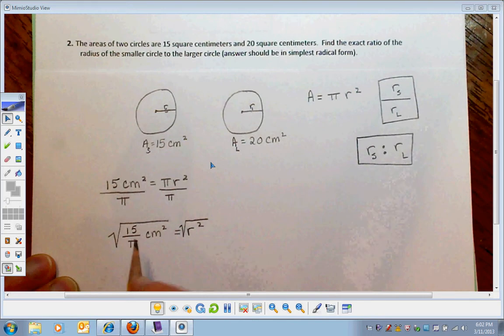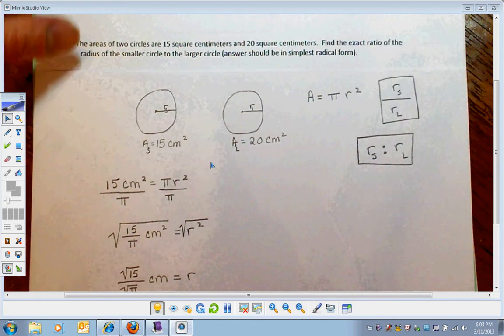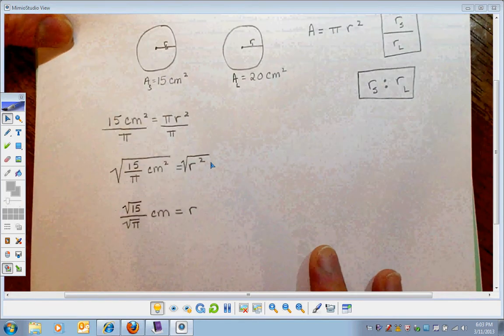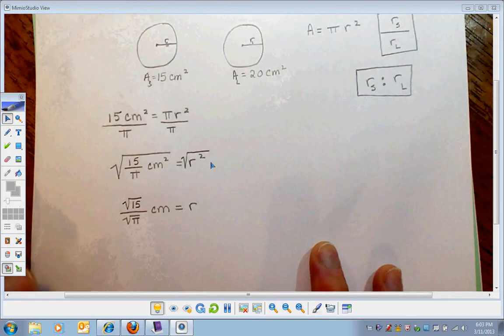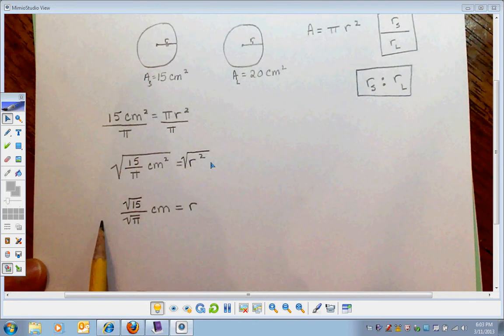So that gives me the square root of 15 over the square root of pi centimeters, which equals my radius. Okay, so the problem is now I've got this radical in the denominator, and I should rationalize that.